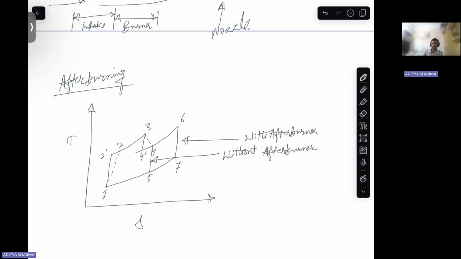And in case there is no afterburner, the expansion would have gone from 3 to 4 to 5. So this is basically nozzle flow with afterburner and without afterburner.